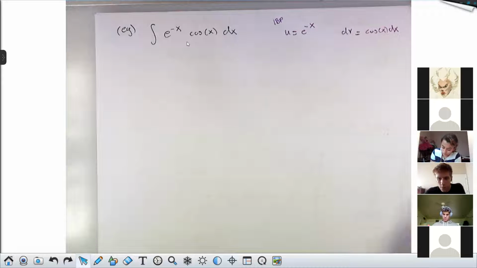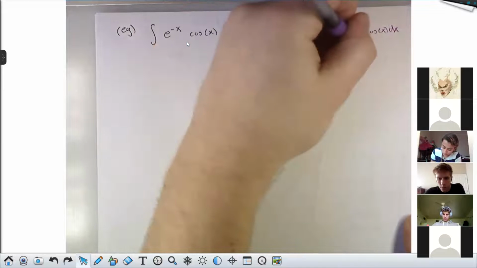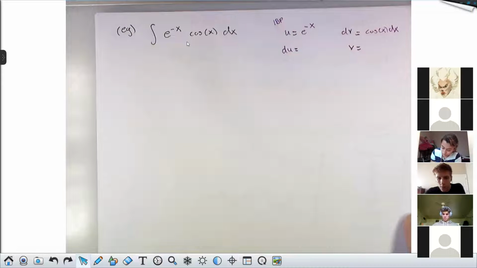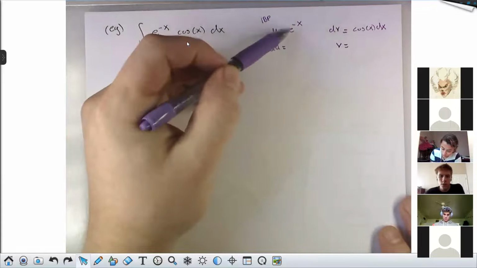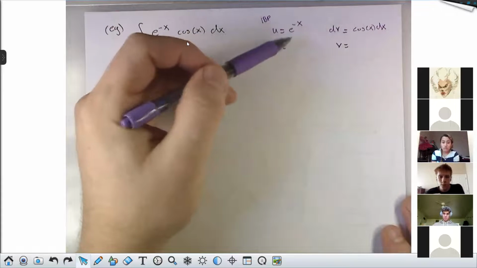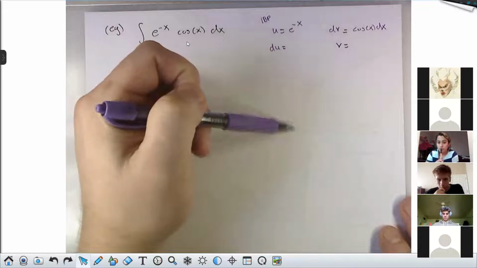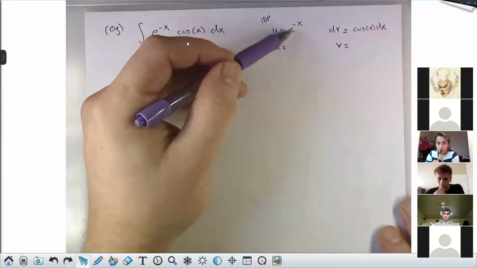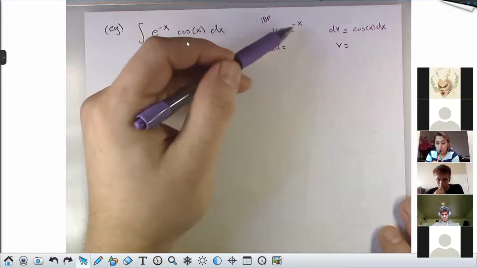I need to calculate both du from u and v from dv. To take the derivative of e to the negative x or e to the negative 2x or anything like that, you need the chain rule. Remember how the chain rule works here? The exponential is the outer function, and then the negative x or negative 2x or whatever is the inner function.